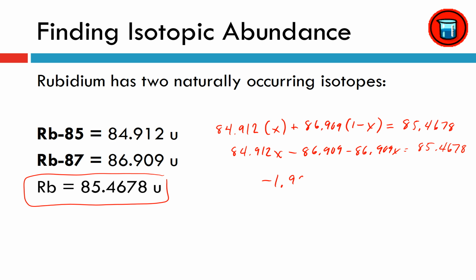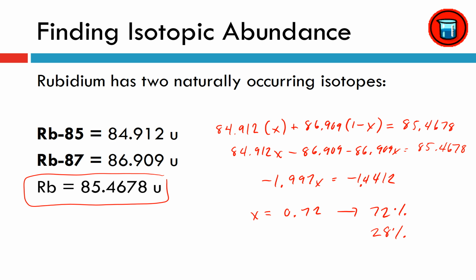Negative 1.997x is equal to negative 1.4412. Solve for x, and I come up with x is equal to 0.72, and we'll just cut it off there instead of taking more places after the decimal point. So I know that basically one of my percentages has to be 72%, and that leaves my other percentage to be 28%.